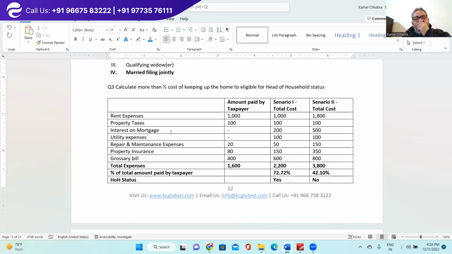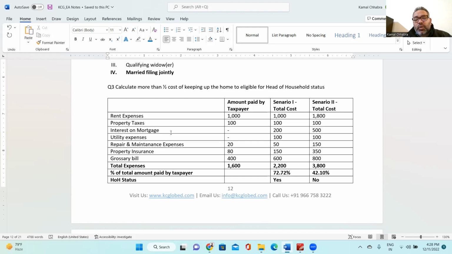The total expenditure was $50, and you have paid $20, and the rest of the $30 might be paid by your children, your parents, your ex-spouse or someone like that. Then property insurance expense: let's say $150 is the total, and you have paid $80, and the rest of the $70 is paid by someone other than you.